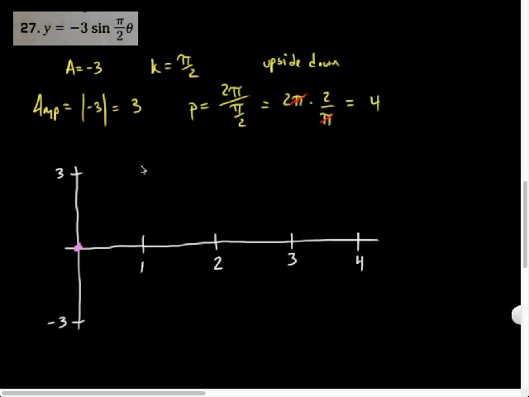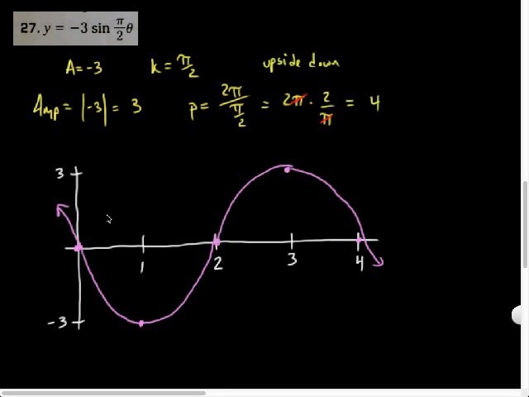But this one's upside down, so this one's going to go down to its minimum, and then go from there, 0 here, and 0. So A is negative. Yeah, it just flips it upside down is all that happened. All right, so our curve would look something like that.